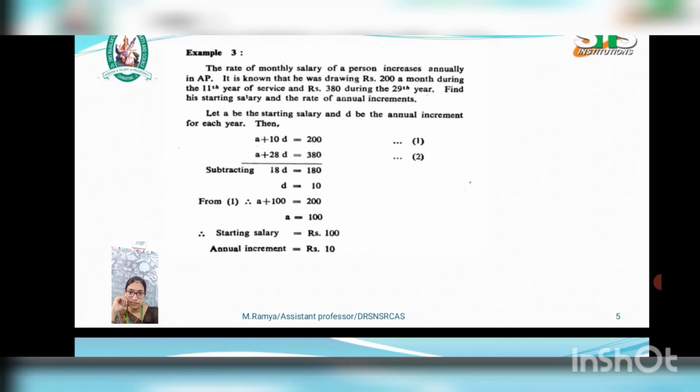In the 11th year: a plus 10d equal to 200. In the 29th year: a plus 28d equal to 380.